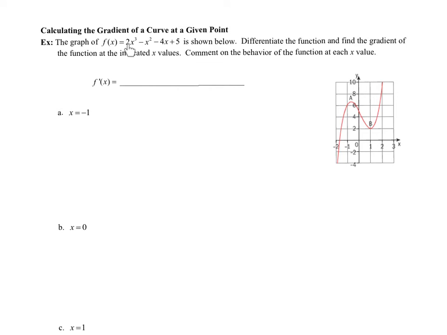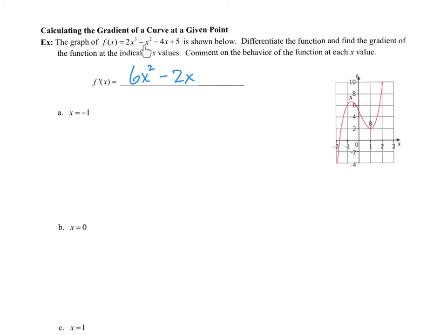So if f of x equals 2x cubed minus x squared minus 4x plus 5, let's find f prime of x, taking it term by term. Our first term, we'll bring the 3 around front, multiply it by 2, and then decrease this exponent by 1. So our first term is going to be 6x squared. And then the next term would be minus 2x to the first. Remember, we brought the 2 around, multiplied it by this negative 1.